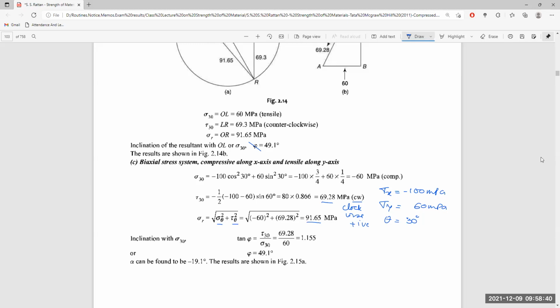The inclination of this resultant stress is given by tan phi equals tau theta divided by sigma theta, 69.28 by 60, which is 1.155, so phi is 49.01 degrees. These results are shown in figure A.